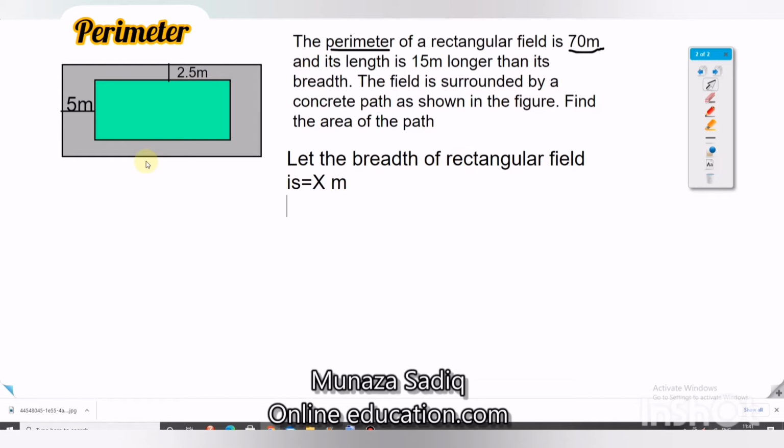And if breadth is x, then length is equal to x plus 15.